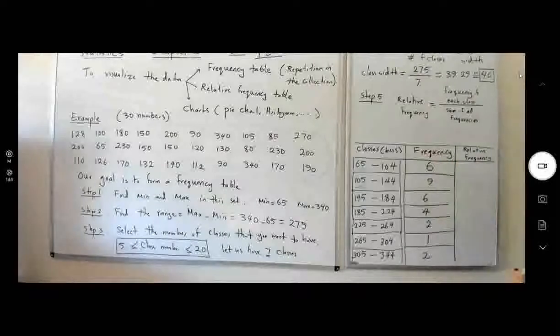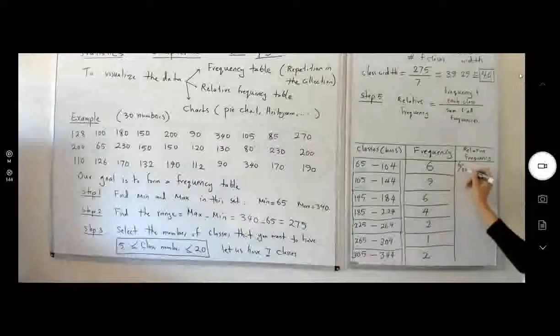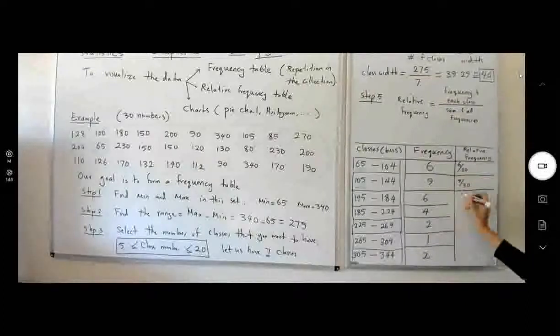So the relative frequency for the first class is 6 divided by 30. Relative frequency for the second class, 9 divided by 30. Relative frequency for the third class, 6 divided by 30. Relative frequency for the fourth class, 4 divided by 30.